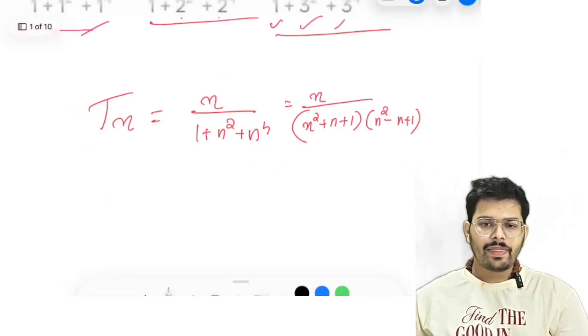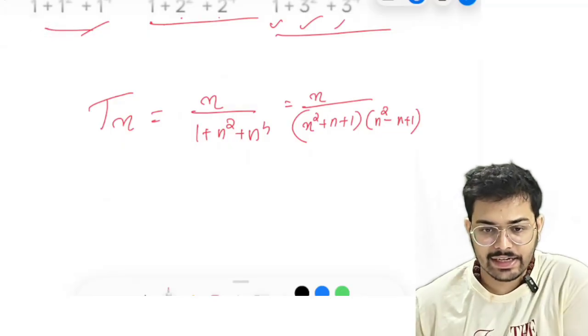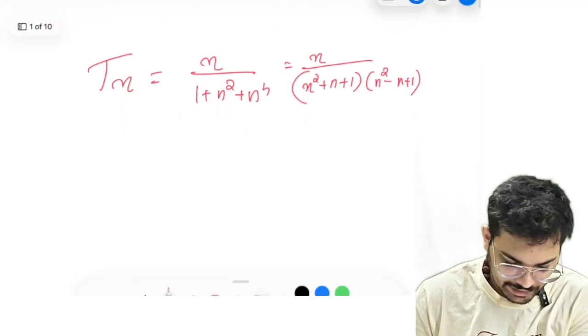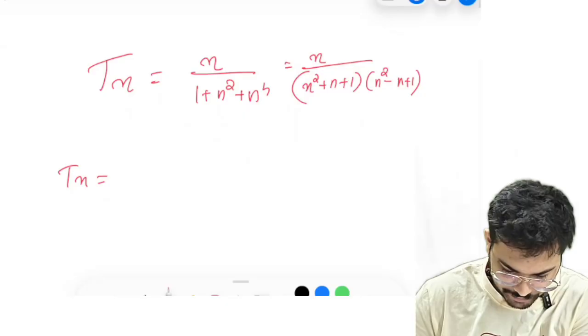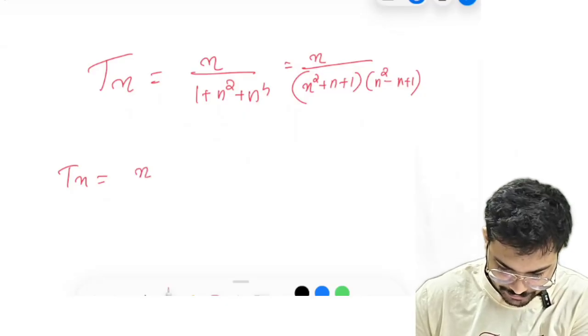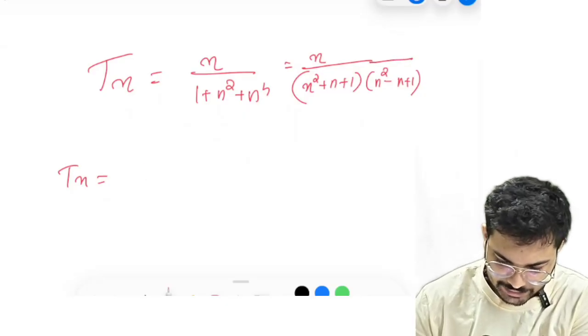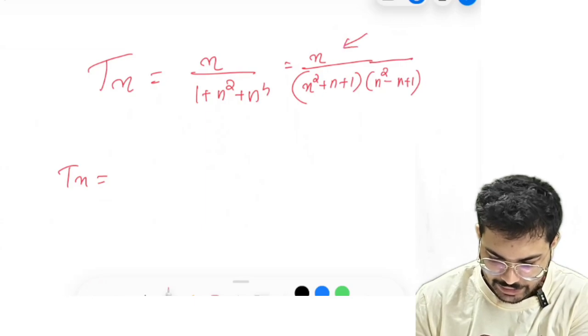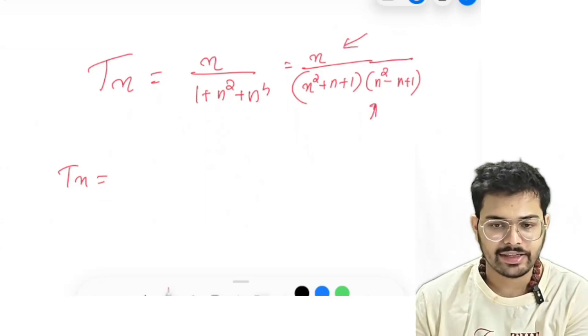Now here we need to find the sum of the first 10 terms, right? So I am again modifying this as Tn equal to n divided by... Actually, we need to express this numerator in terms of the difference of the denominator terms. That's the logic.